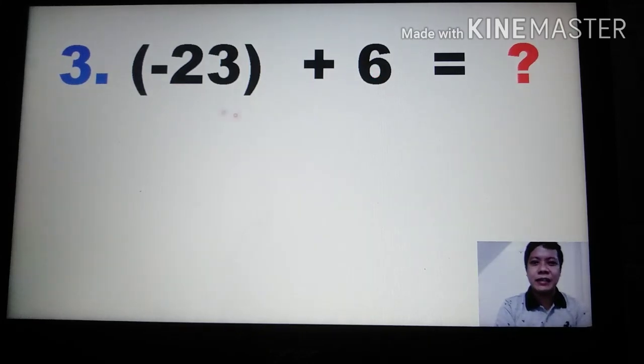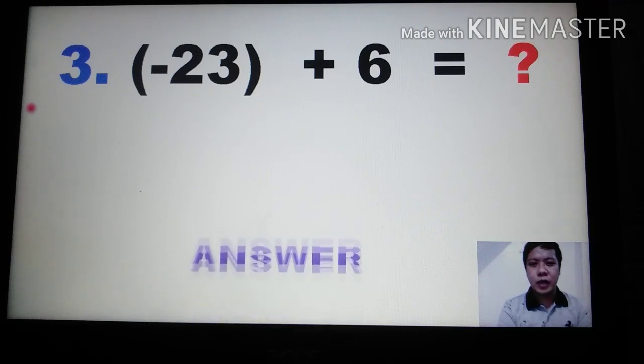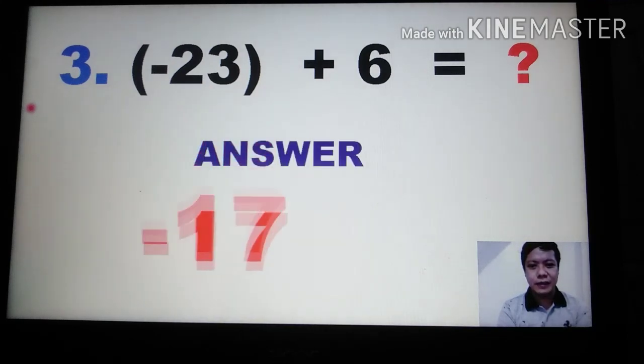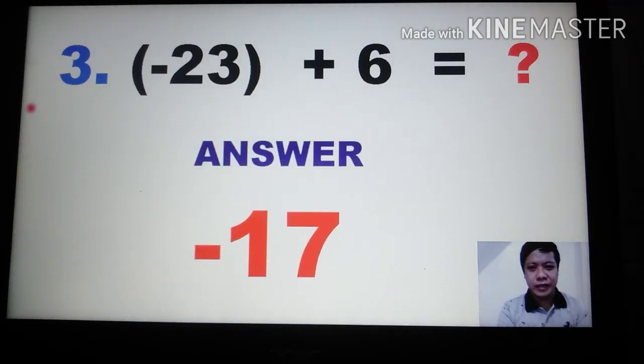So when they are unlike sign, what are you going to do? Add or subtract? You have the answer. The correct answer is -17. Yes, it's -17. Why? Because the bigger number is 23 and the sign is negative. So follow the sign of the bigger number.